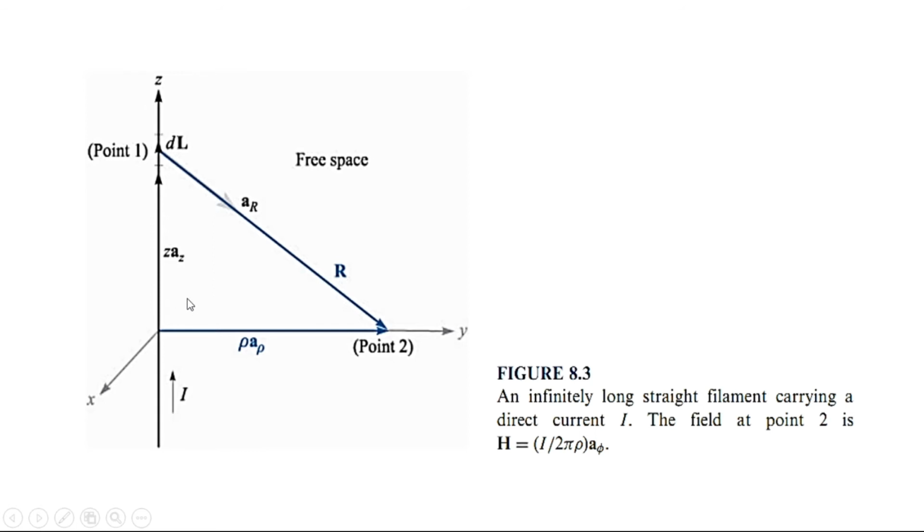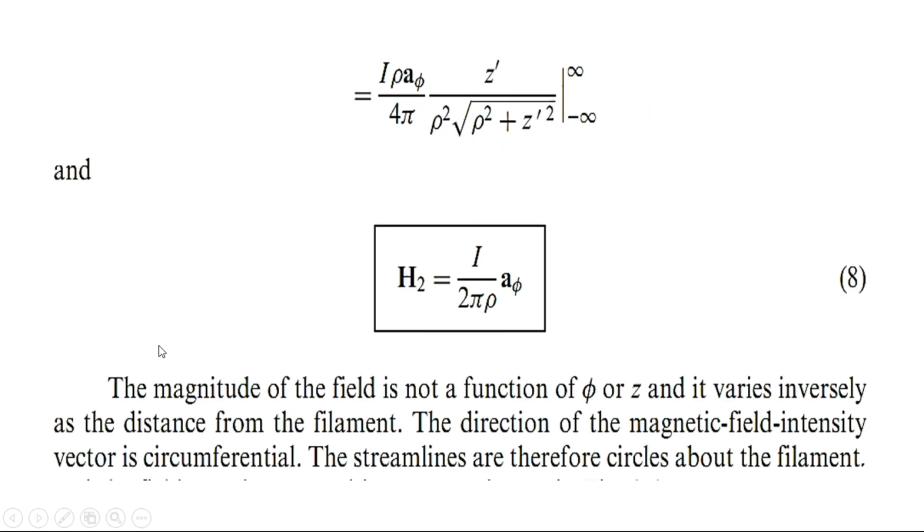So the whole magnetic field strength is in the direction of the circle, or generally we can say that the direction of the magnetic field intensity vector is circumferential. So this was the application of Biot-Savart law, and we found the magnetic field intensity at a point due to an infinitely long filament that was placed along the z-axis.